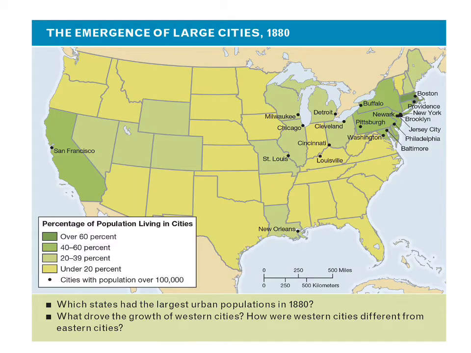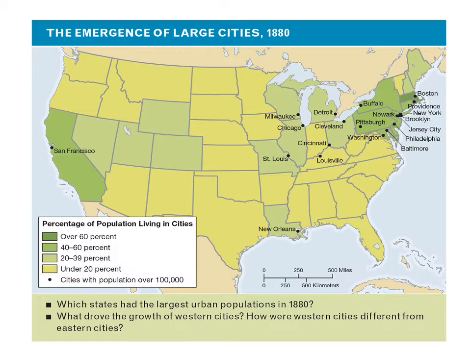In this slide, you can see the cities in 1800, and the next slide will look 40 years later in 1920. Now, as you focus on this, the shade of green denotes the percentage of population living in cities. The darkest green is over 60% of the population living in cities, and you can see Boston, Massachusetts, New York City, the Northeast area, the states of New York, Pennsylvania.